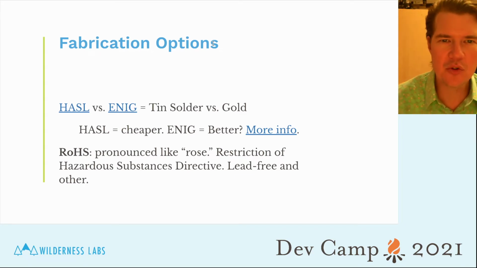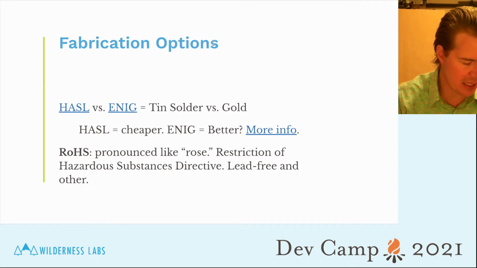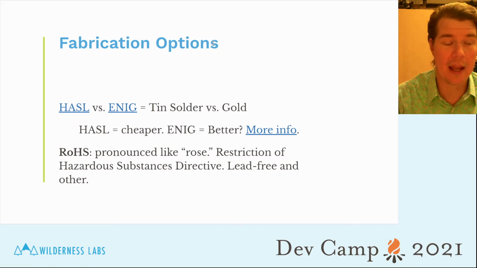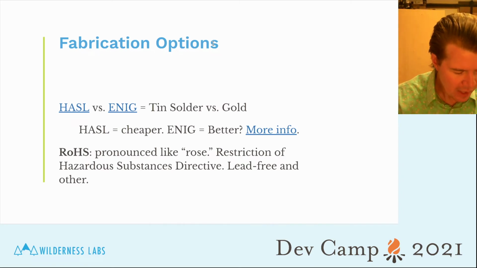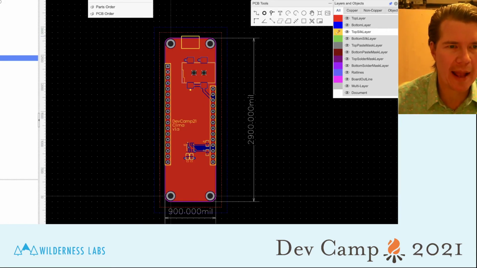That used to be what everyone used, and that could make things easier to assemble. ENIG is electroless nickel immersion gold, and that's a gold finish on the pads. And HASL is definitely cheaper.